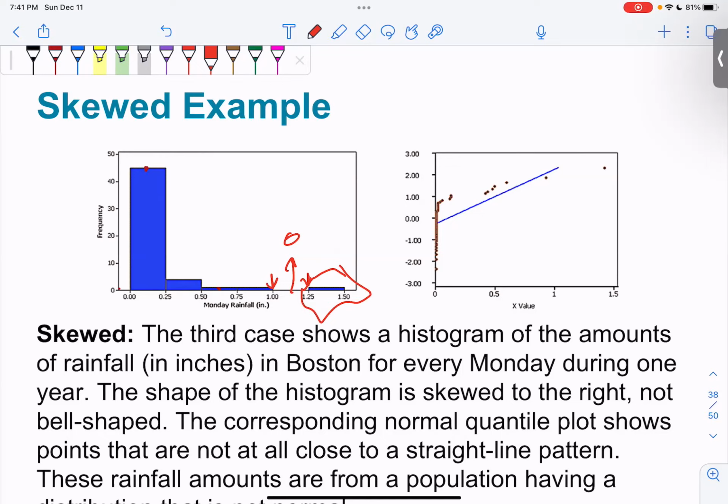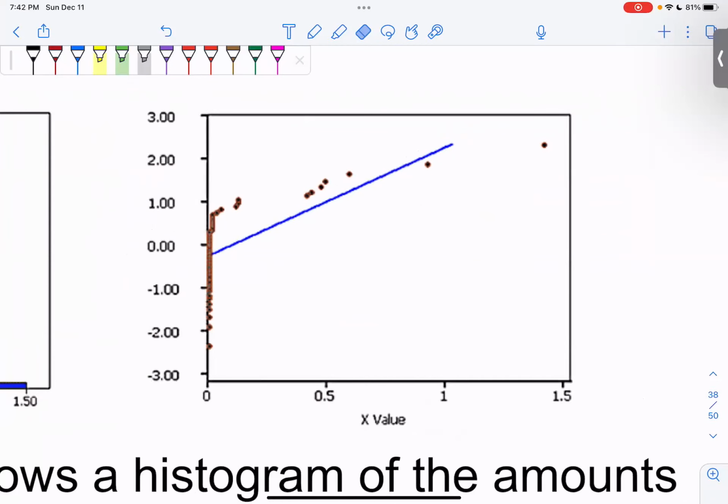an outlier. If we have just one value between 1.25 and 1.50, then that's okay. But if there is more than one value, then they might be outliers. Then if you look here, all those values are really far from the straight line, right?